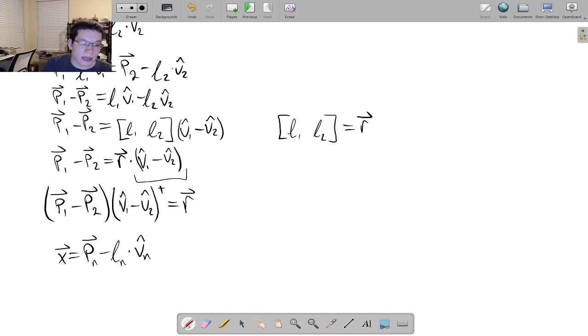So you'll pull Ln out of R and put it in here, and that will give you an approximation for your X, which is your coordinate location.